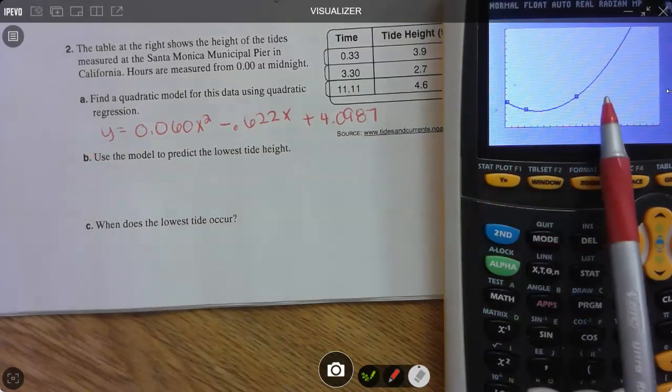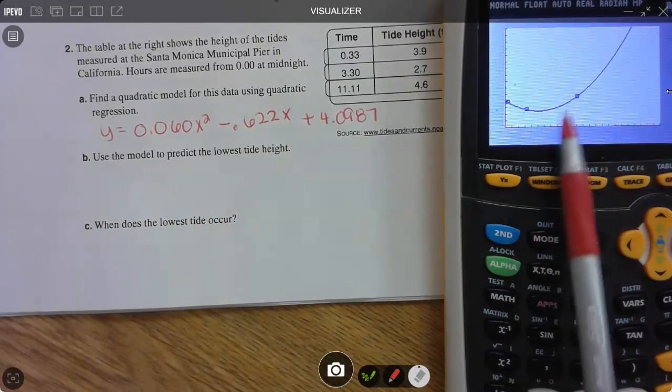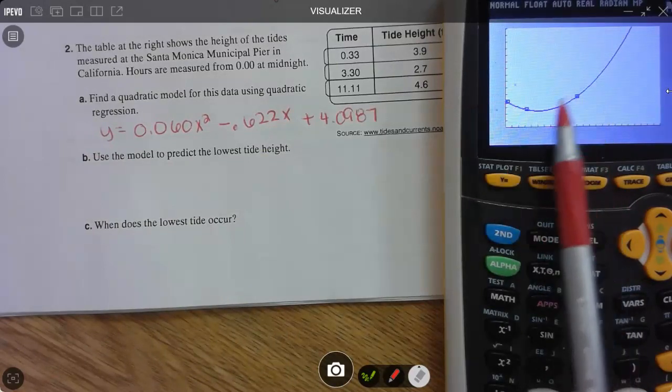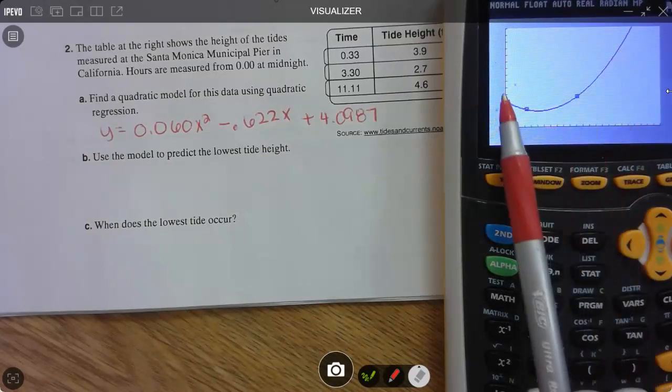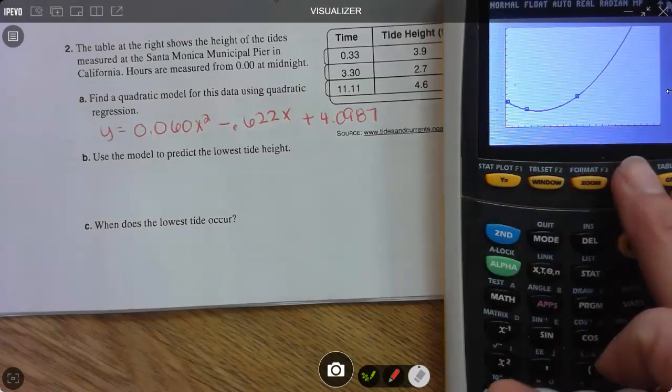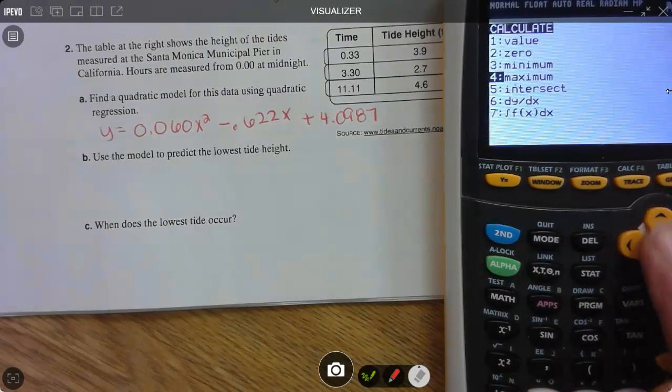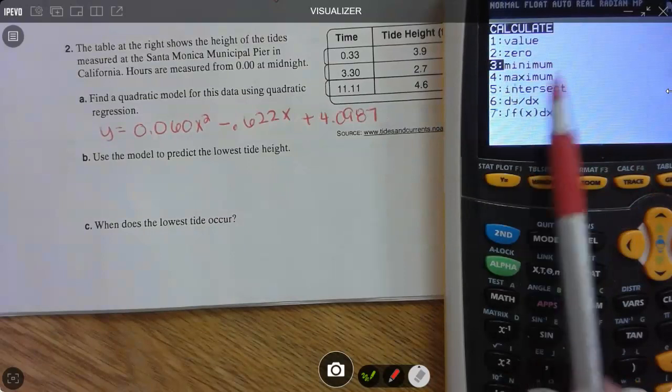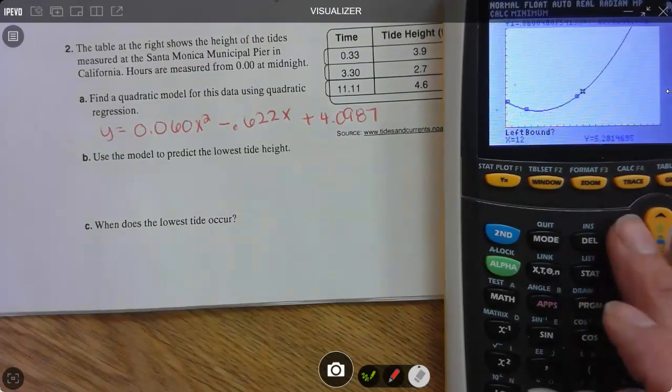So when is the lowest tide? That's going to be the opposite. We've been doing maximums. This one is a minimum. So we're going to go to second trace, and I'm going to go down to option 3 for min.